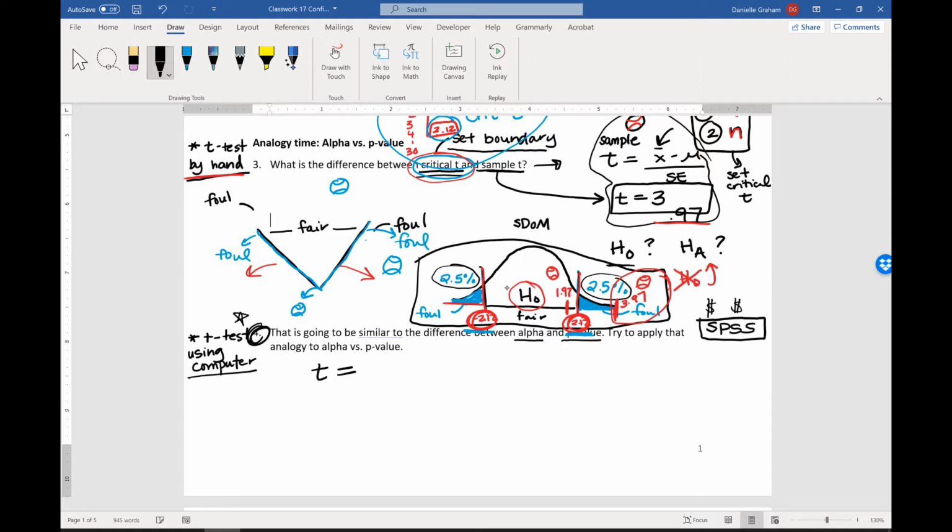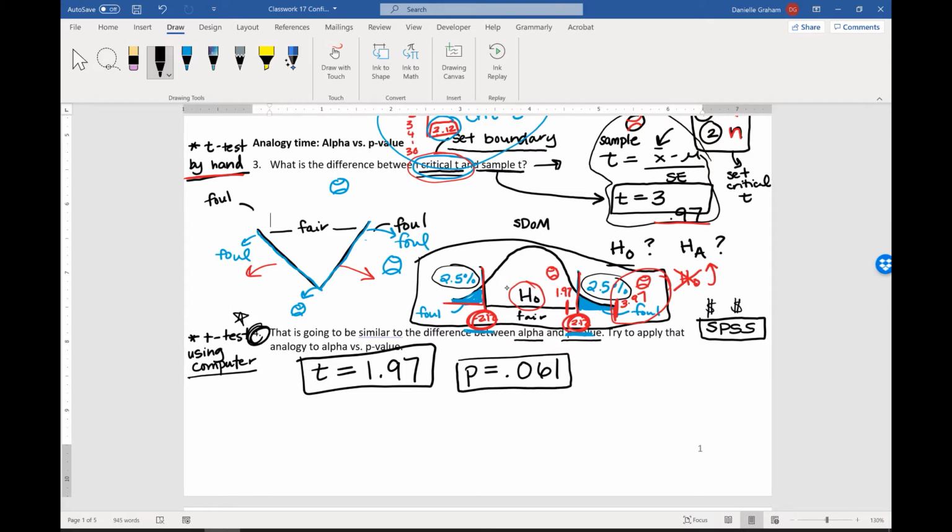It spits out T equals, I'm going back to my original one. Computer says T equals 1.97. But it will also tell us something like P equals 0.061. The computer will give us a p-value.